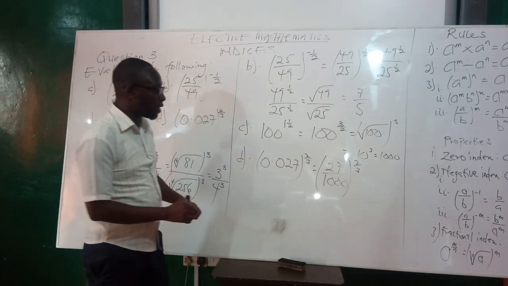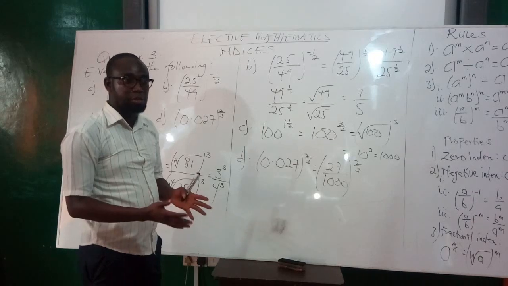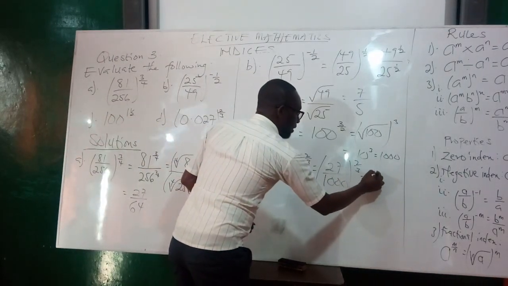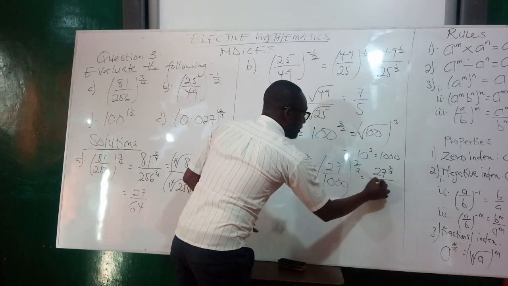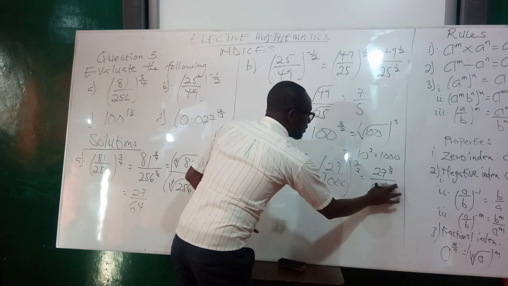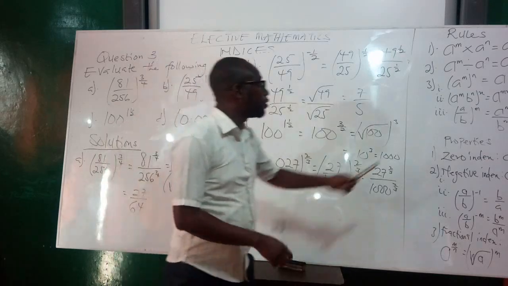Now with this said, we know that the exponent is a fraction, so we use the idea of a fractional index. We can write this as 27 exponent 2 on 3 over 1000 exponent 2 on 3. So we used the power of a quotient rule as we have over here.